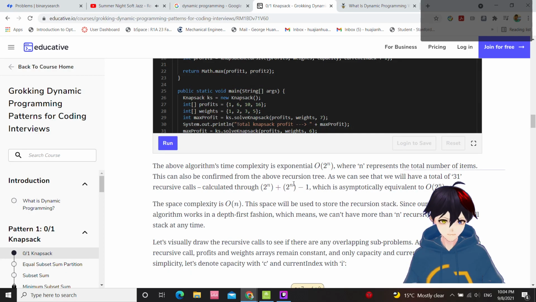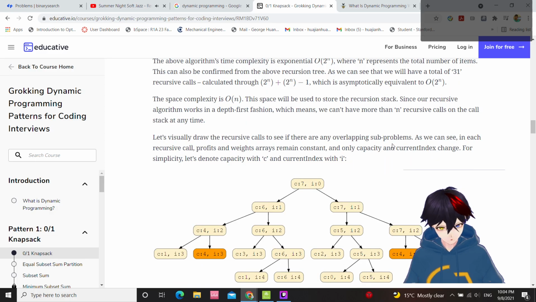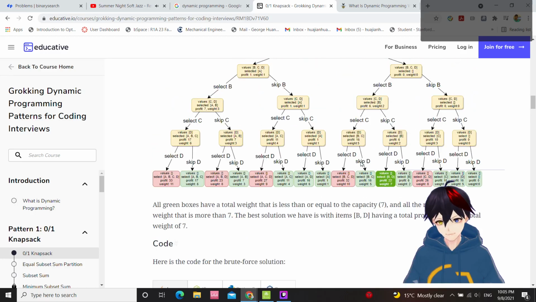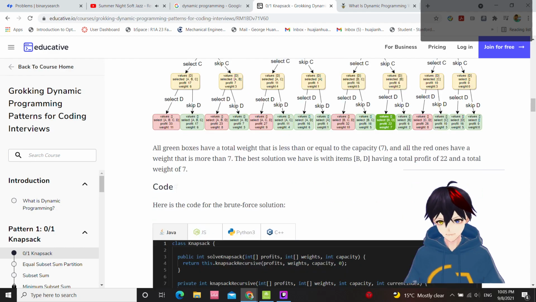What is current index? Let's wait. Each recursive call remains constant.